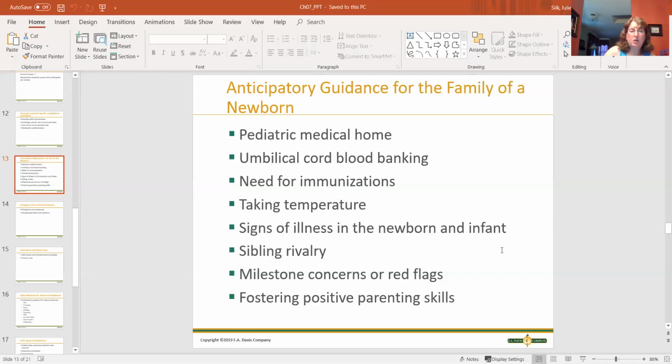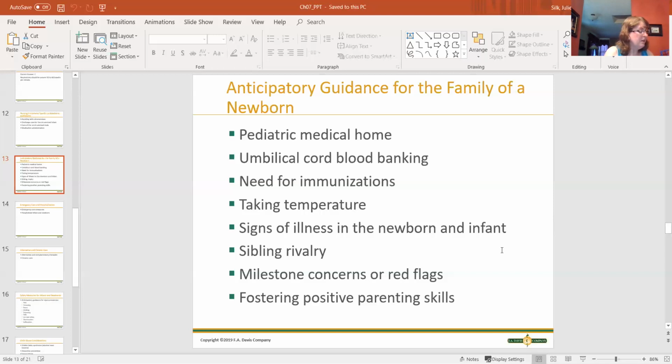Signs of illness in the newborn and infant. Things that you would see that might be a red flag, so you might think they were sick. If they have a temperature, of course, an axillary temperature greater than 99.3 or a rectal temperature greater than 100.3.